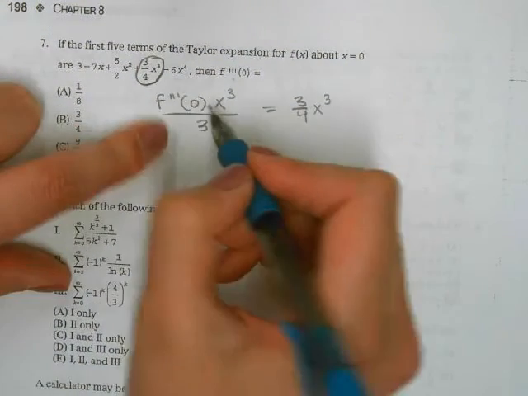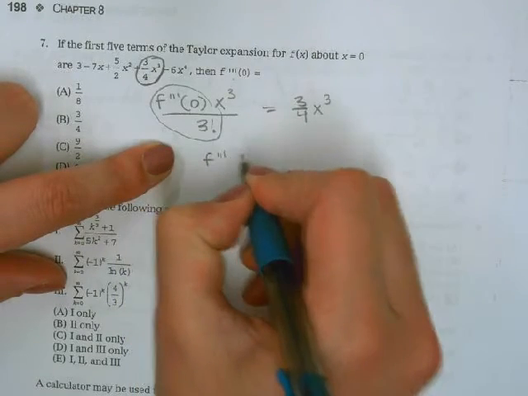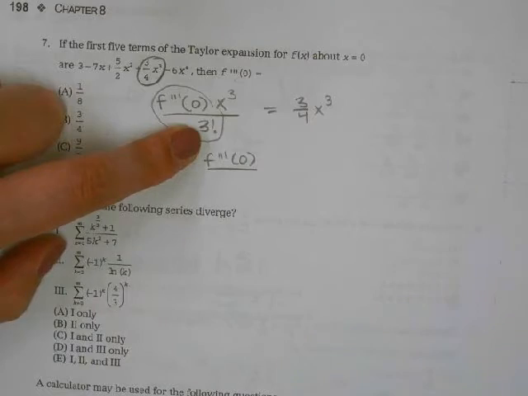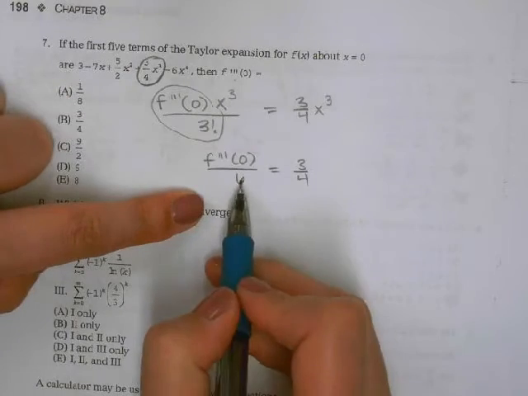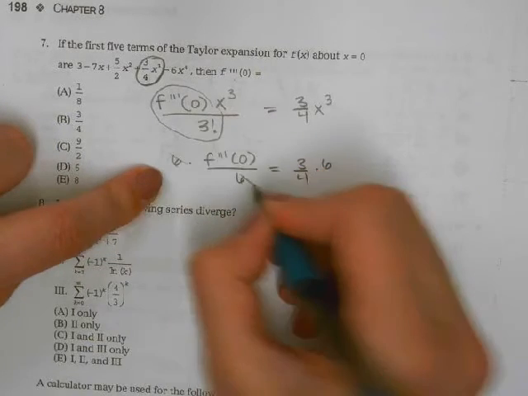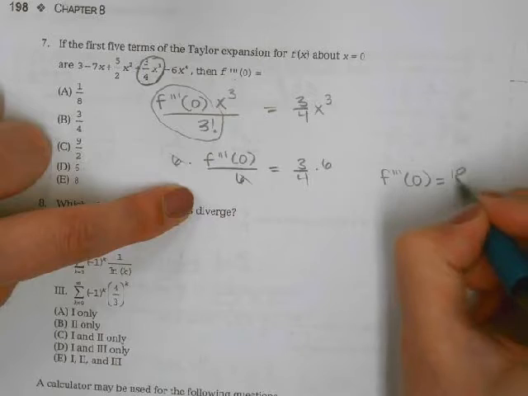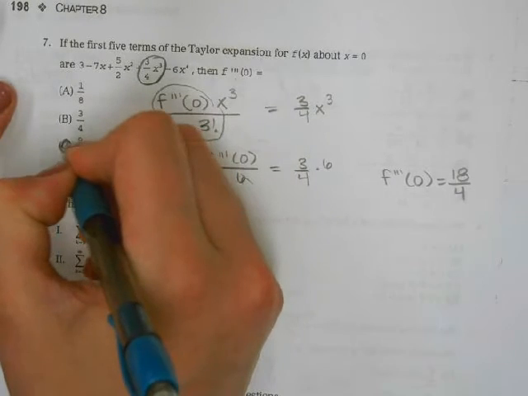So then I said, okay, we know that f triple prime of 0 divided by 3 times 2 times 1 is 6 equals 3/4. And then I went ahead and multiplied the 6 to the other side. And I got f triple prime of 0 is 18 over 4, which is 9 over 2.